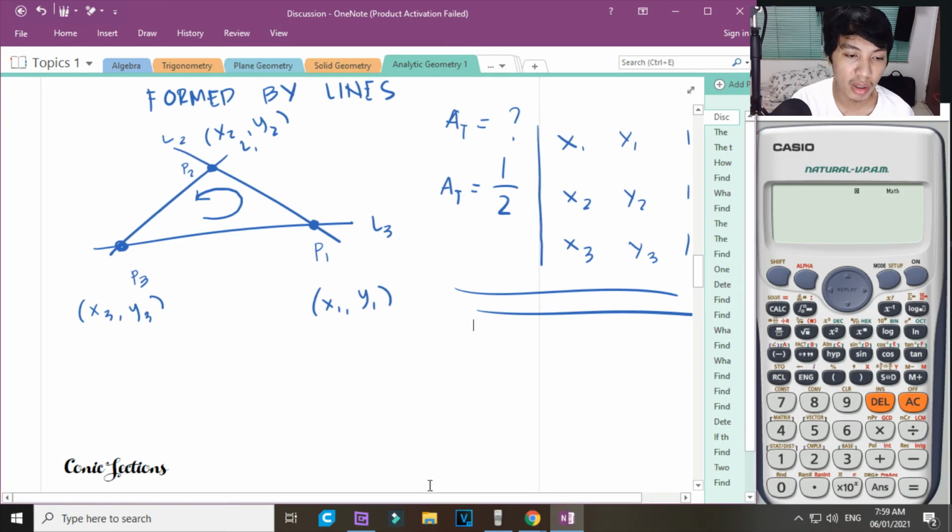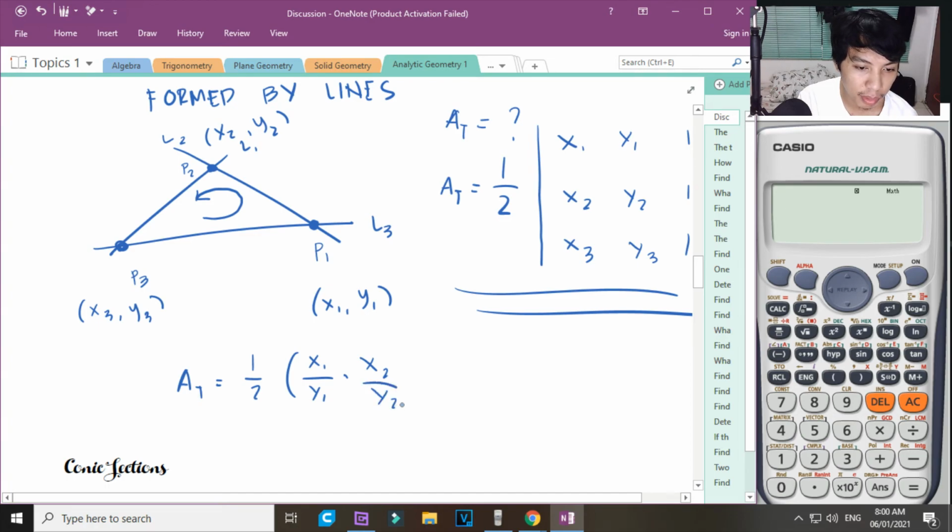Sir, may isa pa po bang paraan? Yes, meron pa. Dalawang method. Yung area ng triangle will be equal to 1/2. Basket method ka dito. So, x sub 1, y sub 1, multiply mo yan cross, cross, cross. Tapos, x sub 2, y sub 2, x sub 3, y sub 3.